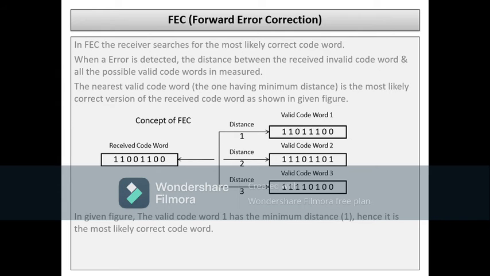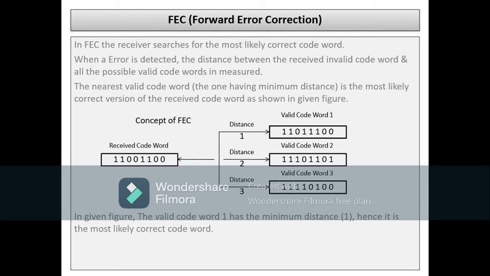FEC, forward error correction. In FEC, the receiver searches for the most likely corrected code word. When an error is detected, the distance between the received invalid code word and all the possible valid code words is measured. The nearest valid code word is most likely the corrected version of the received code word, as shown in the figure.